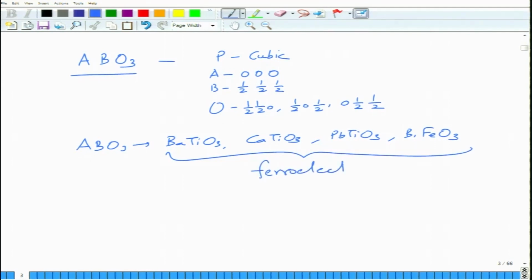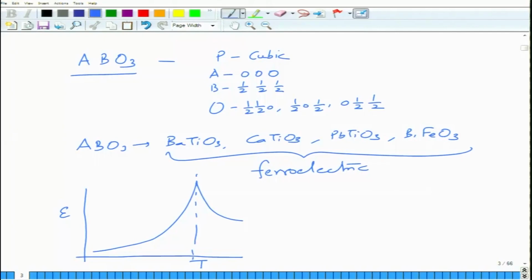Ferroelectric materials undergo a Curie transition, that is, their dielectric constant varies as a function of temperature and goes through a maxima, an anomalous increase, at a temperature called Tc. This Tc is called the Curie transition. In this diagram, below Tc these materials are in the ferroelectric state, and above Tc they are in the non-ferroelectric, that is paraelectric, state.